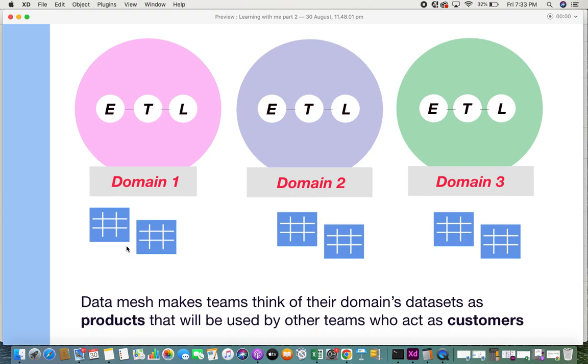When you have a product, by default there are certain consumers of that product, so there become customers of the product. So when you take this entire landscape, domains produce data, and that data is a product, and other domains that consume that data become the customers of that product. That's the main mindset that needs to come into the picture when you're dealing with data meshes.